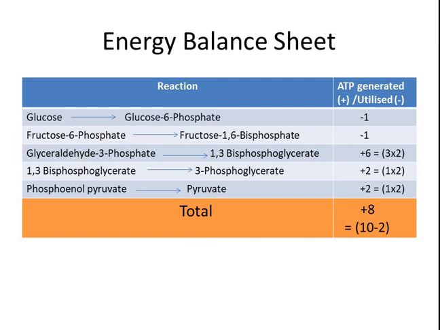As we know, 2 molecules of glyceraldehyde-3-phosphate enter the glycolysis from the 6th step, and thus we will get 2 molecules of ATP during this process. So the overall ATP generated during the glycolysis is 10, but as we are utilizing 2 ATP during the preparatory phase, the net gain is 10 minus 2, that is 8.